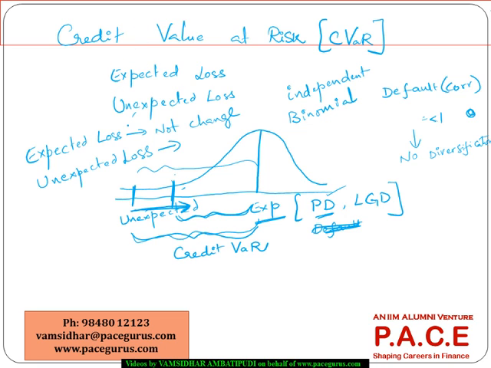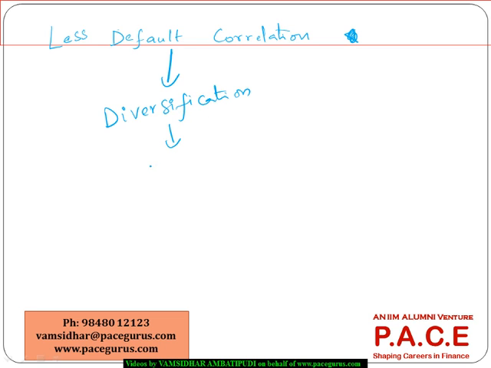And one more thing that we are talking of is, apart from the lesser default correlation. Basically one point that we are saying is that if the pairwise default correlations in my portfolio are much lesser, there are diversification benefits, meaning my overall credit VAR is directly coming down, right?